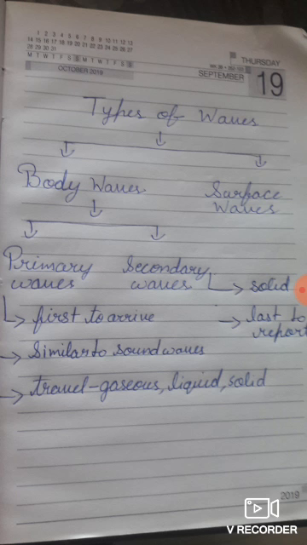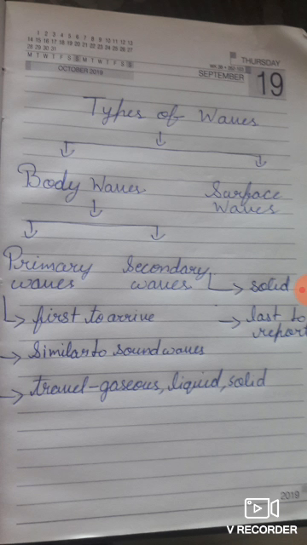So children, P waves are the waves which arrive at the earth's surface for the first time. That is, P waves are the waves which approach the earth's surface first. These are also called primary waves.